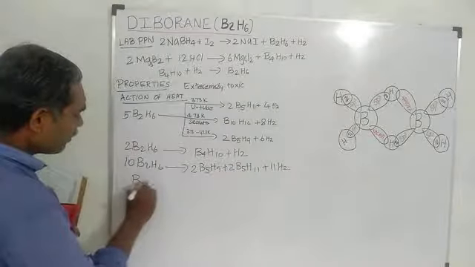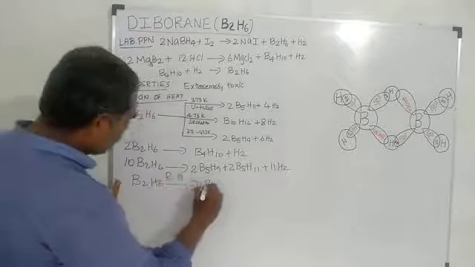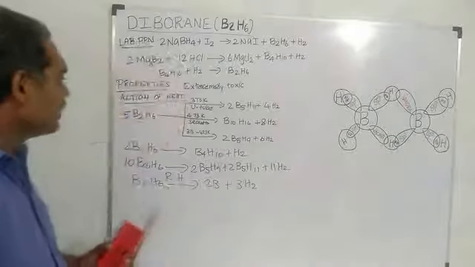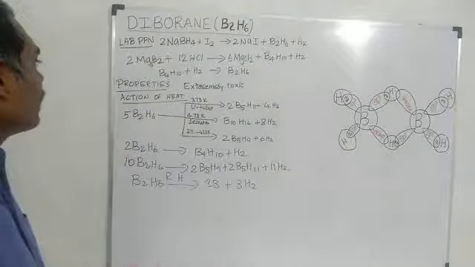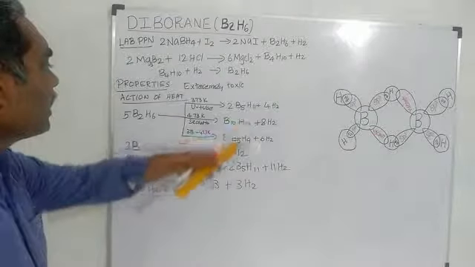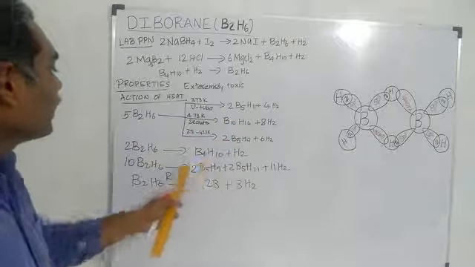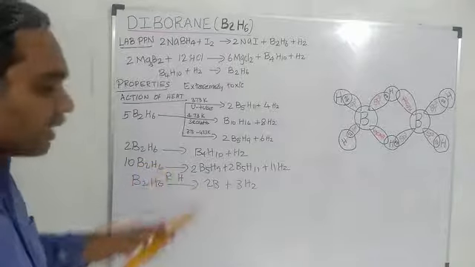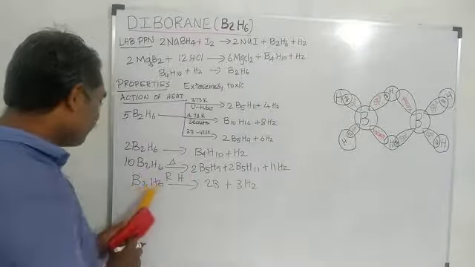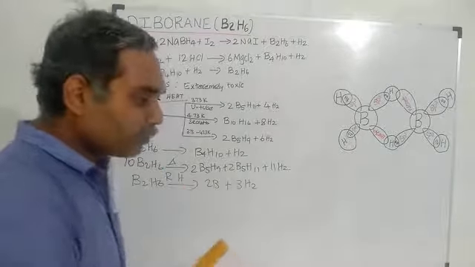Finally, B2H6 at red hot condition will give 2B plus 3H2. So these are the reactions. Diborane undergoes the action of heat: in the case of 2B2H6 you get tetraborane, in the case of 10B2H6 on heating we get B5H9, and at red hot condition we get 2B plus 3H2.